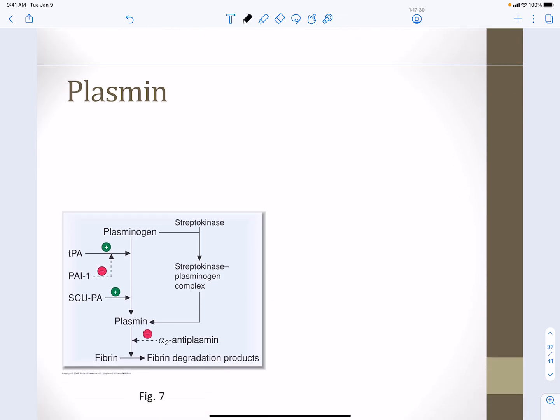And plasmin degrades clots. And this is a highly regulated process. So plasmin is a serine protease. And your activated protein C releases tissue plasminogen activators from tissues.